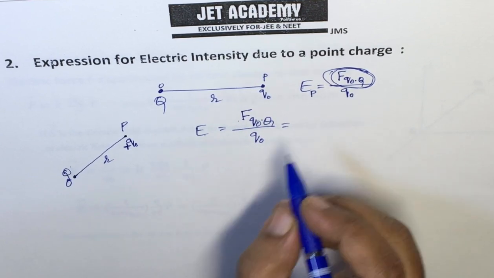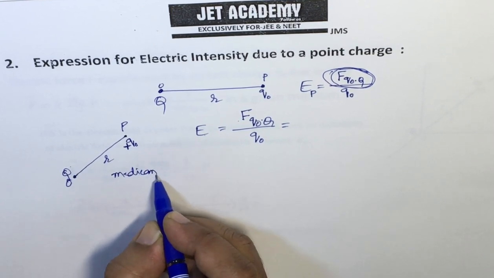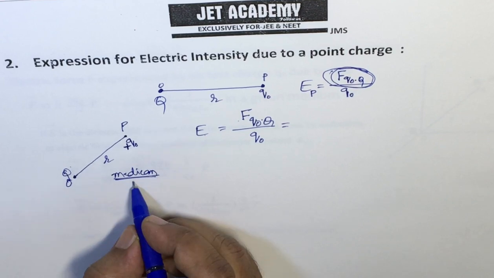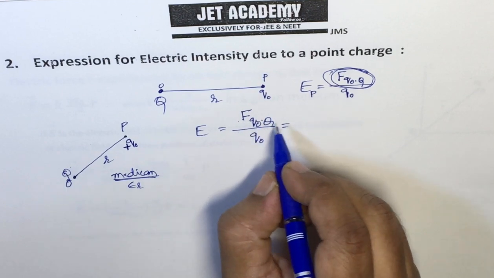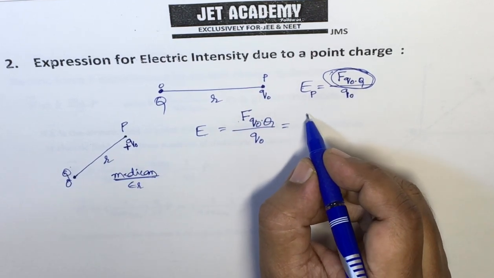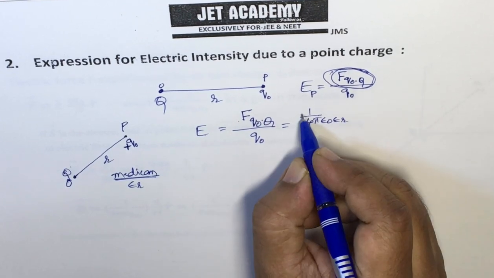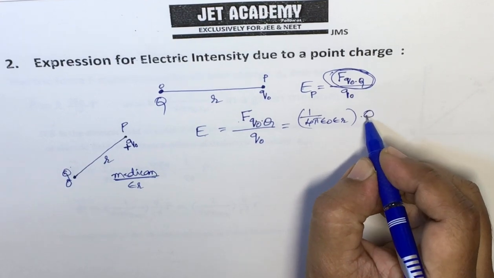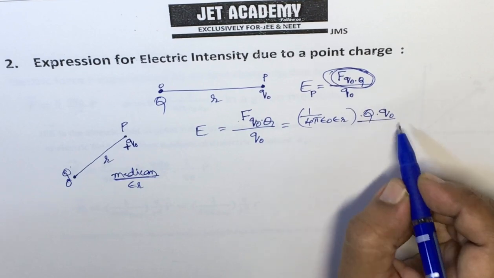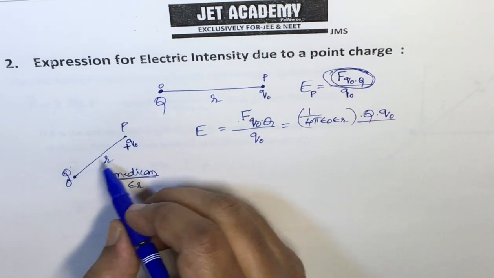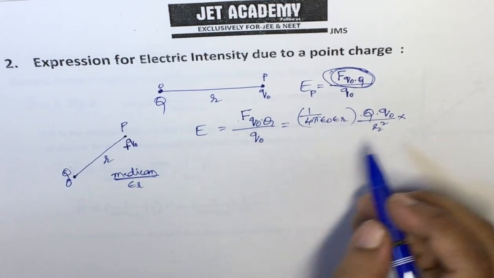We know that this may be kept in a medium, and any medium has an epsilon R, the dielectric constant. Then by Coulomb's law, F is 1 upon 4 pi epsilon naught epsilon R in the generalized equation, the product of both the charges divided by the square of the separation between them, into 1 upon Q naught.